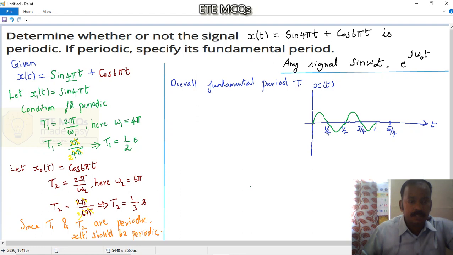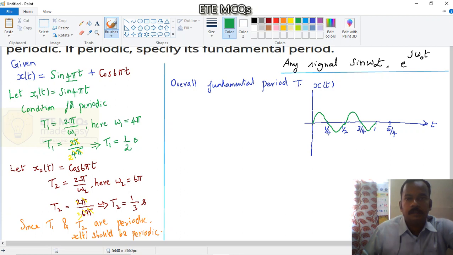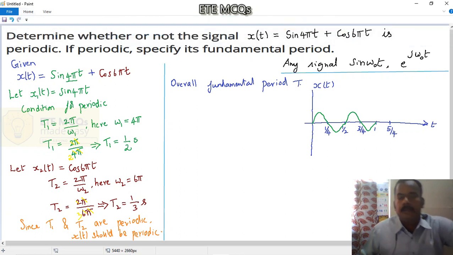Whereas if you consider the signal x2 of t, the fundamental period is 1 by 3, that is 0.33. On an average it will be somewhere here.